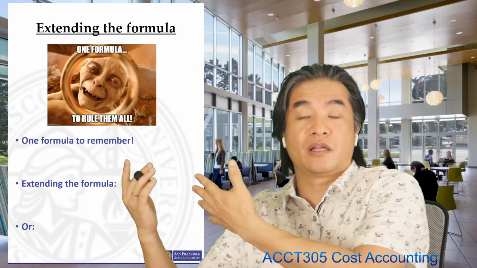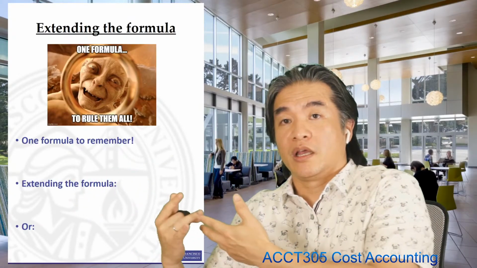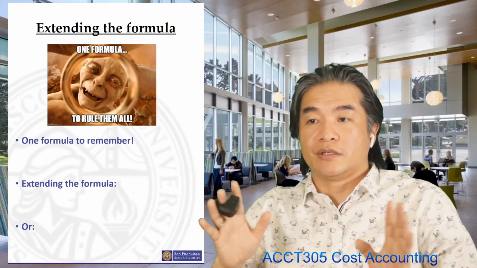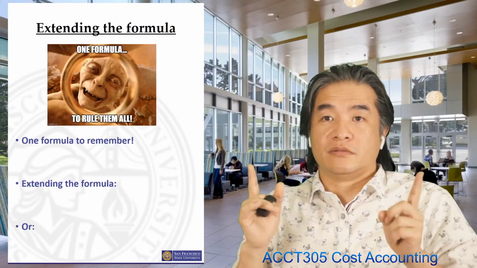Just like the cost of goods schedule we dealt with on Tuesday. Some students try to memorize or write down all the formulas. Don't do that. Just one formula to rule them all. Total contribution margin equals revenue minus total variable cost. That's it.